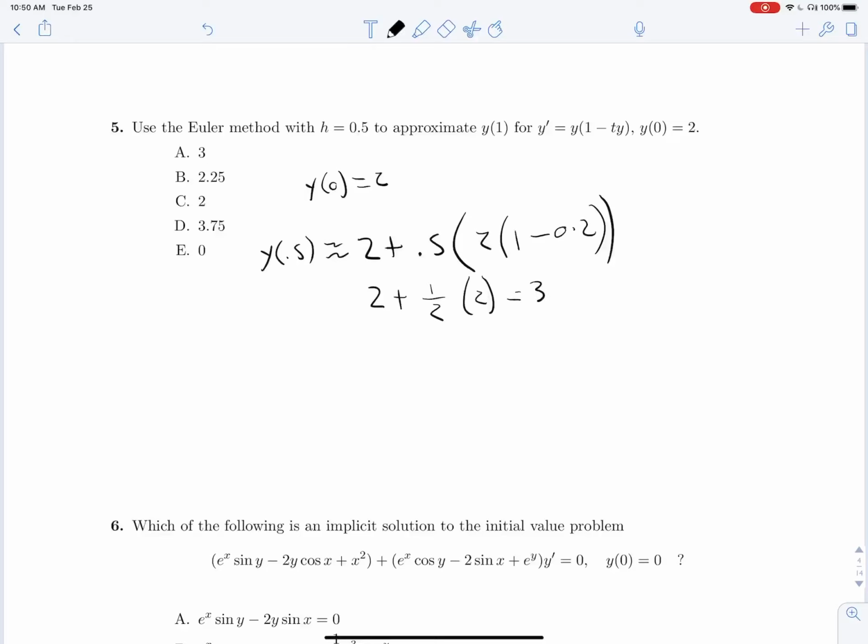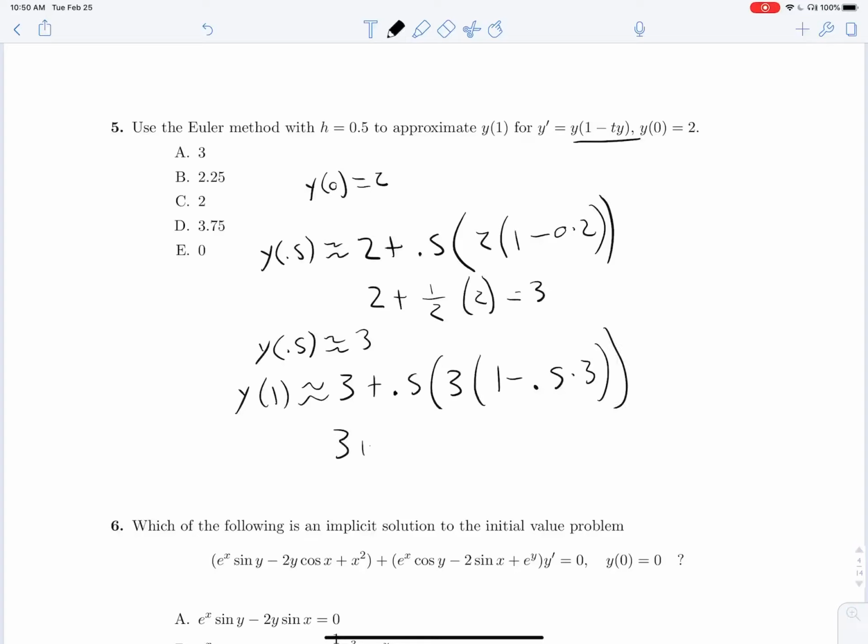So now we have a new approximation. y at 0.5 is approximately equal to 3, and we can use this to approximate y of 1. That's going to be approximately y at 0.5 plus 0.5, our step size, multiplied by this expression again, but evaluated at our new condition, which will be 3 times 1 minus 0.5 times 3.